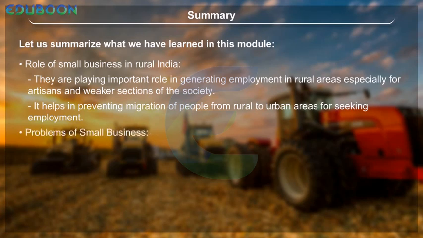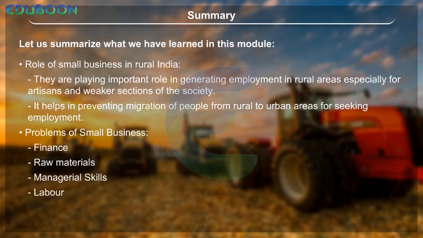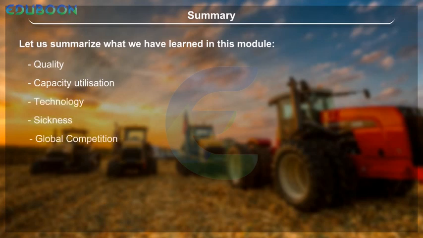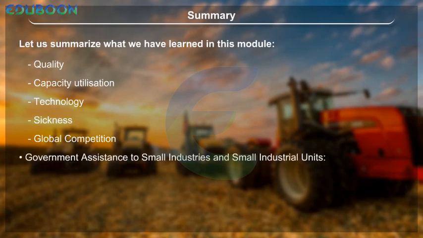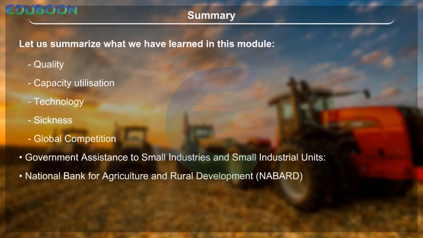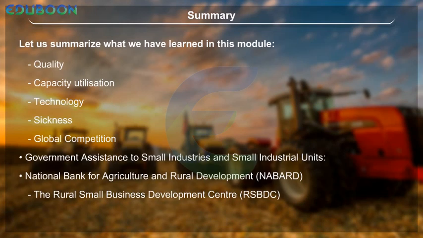Problems of small business: finance, raw materials, managerial skills, labor, marketing, quality, capacity utilization, technology, sickness, global competition. Government assistance to small industries and small industrial units: National Bank for Agriculture and Rural Development, NABARD. The Rural Small Business Development Center, RSBDC.